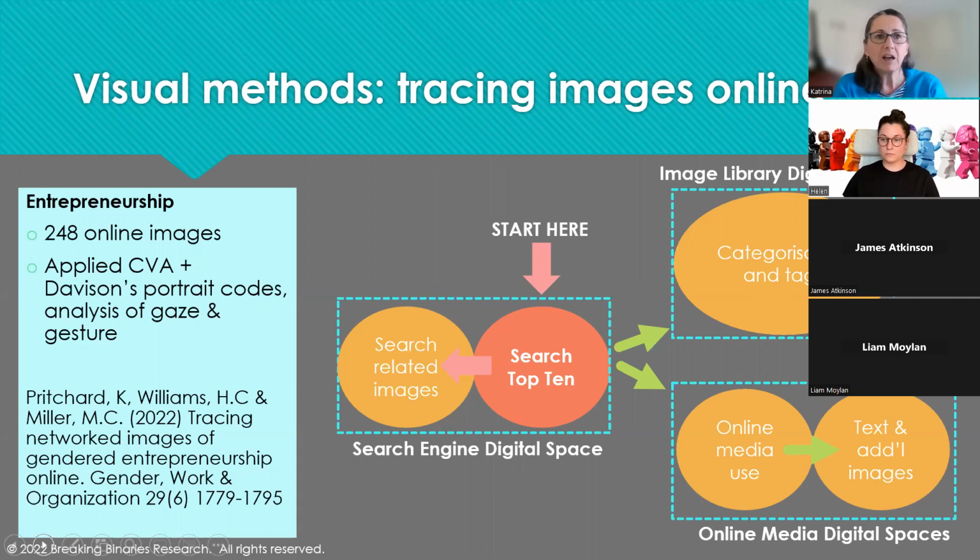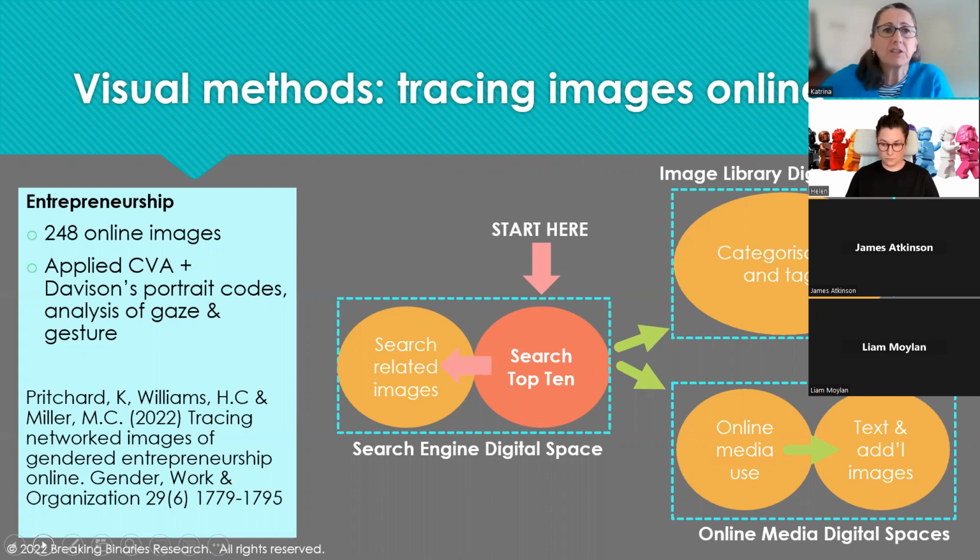In this particular research, we focused in on images of entrepreneurship, but if you go to our website or have a look at the paper, you'll see that the images that we found we used to represent all sorts of different things, not just entrepreneurship. So the 248 images were those narrowed down just to that particular context.